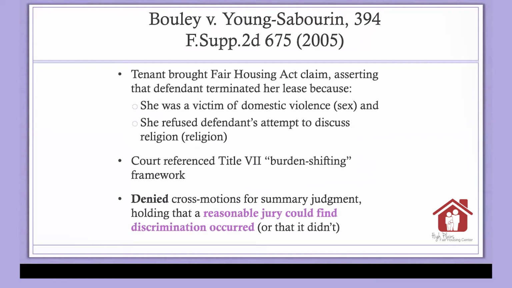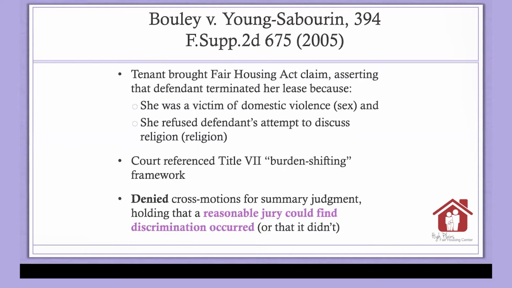So she brought this claim. The court looked at Title VII, the employment discrimination law, and used this very commonly understood burden shifting framework that has been developed in the employment discrimination context to look through the evidence and whether the parties had put forth enough to survive summary judgment.